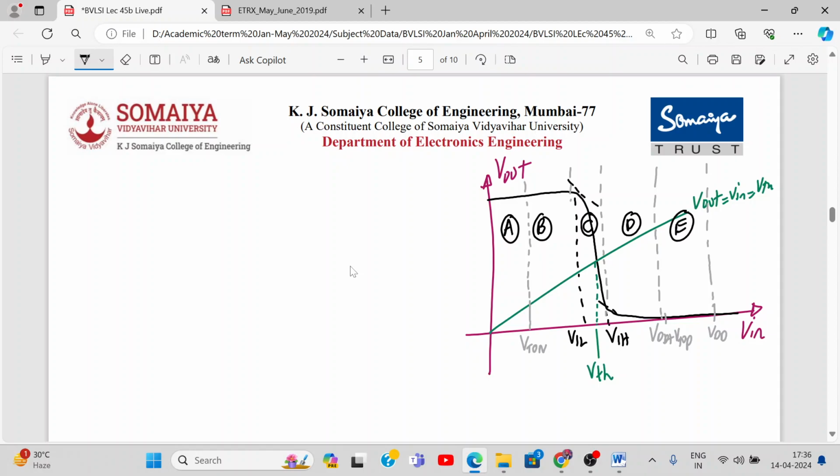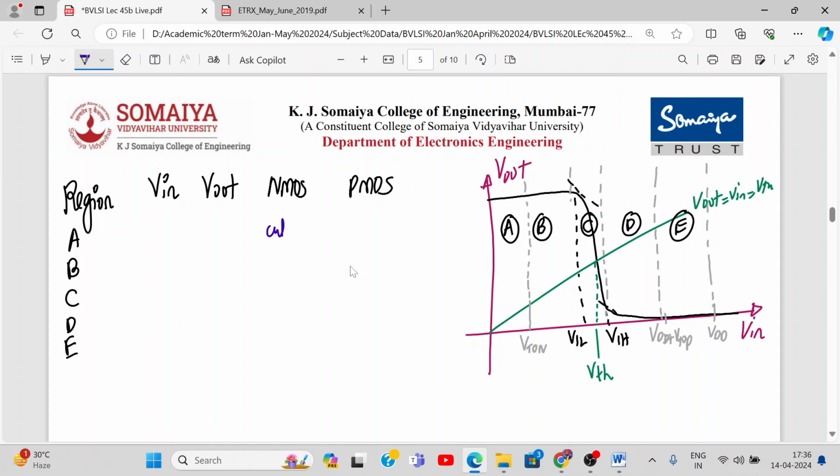Okay, and what was that table? We'll write the regions of operation, then the input level, output level, NMOS transistor status and PMOS transistor status. So regions A, B, C, D, E. Help me out in writing that quickly. In region A, PMOS is in cutoff, NMOS is in linear.